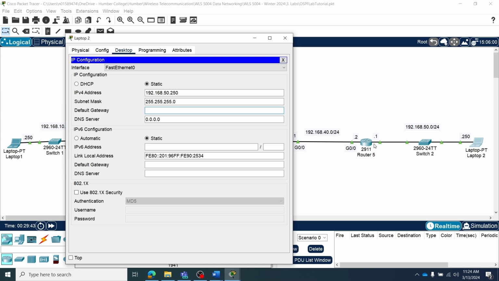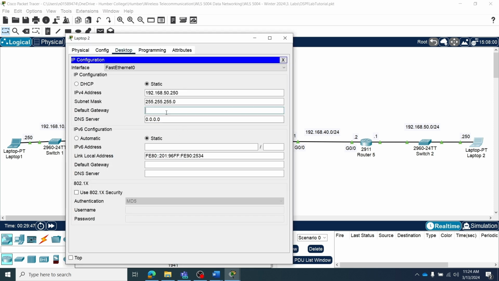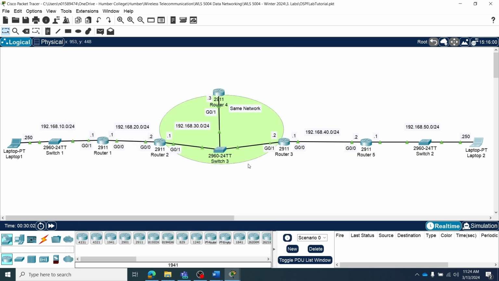So the IP address of this port, 192.168.50.1, is the default gateway. The configuration of both laptops is done.